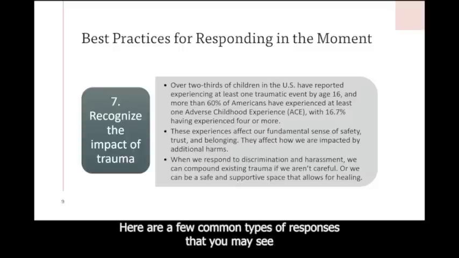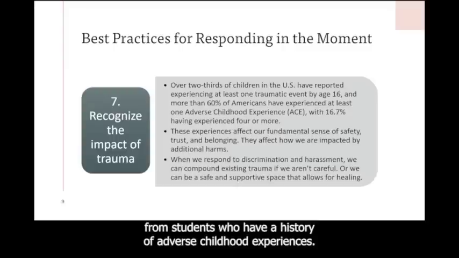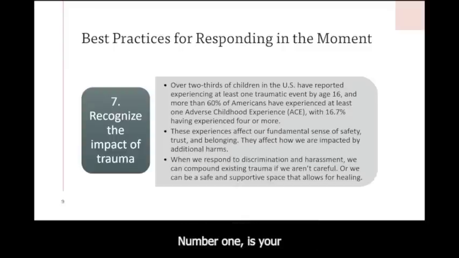Here are a few common types of responses that you may see from students who have a history of adverse childhood experiences. Number one is fighting, defensive or aggressive responses.